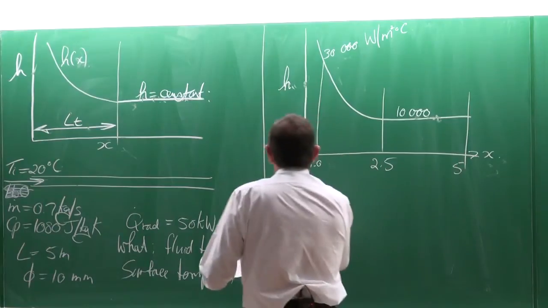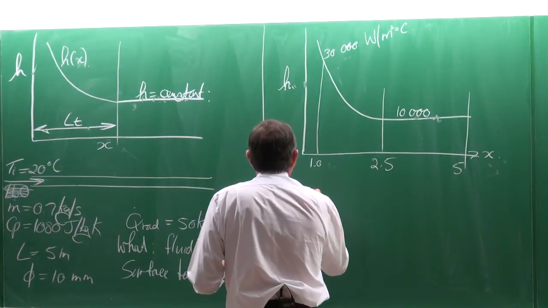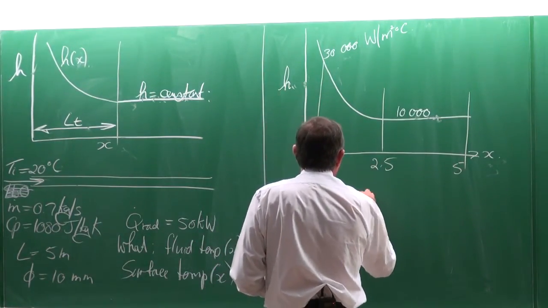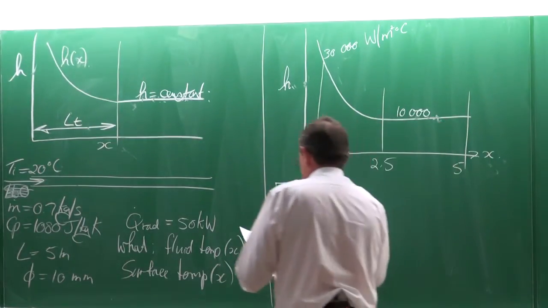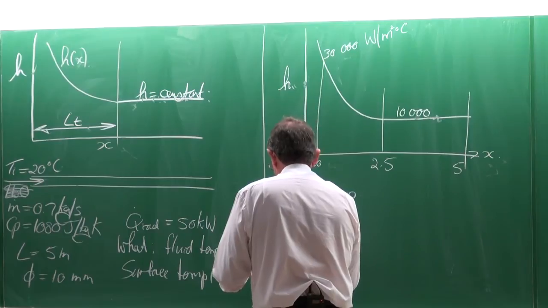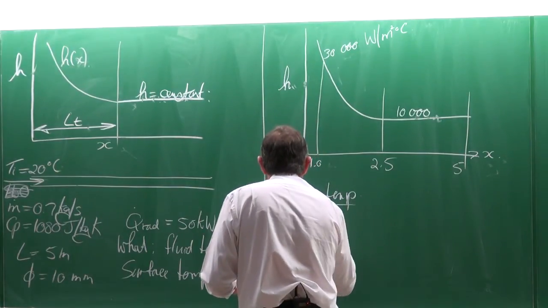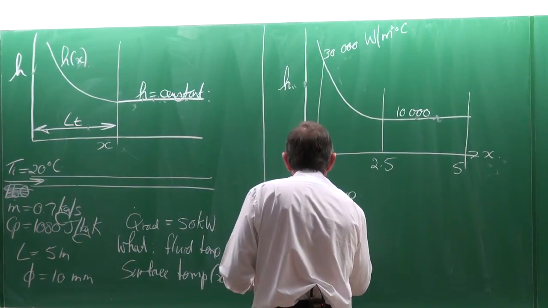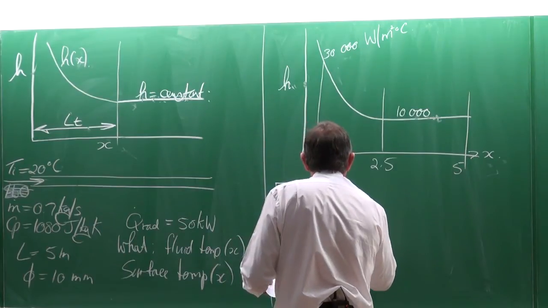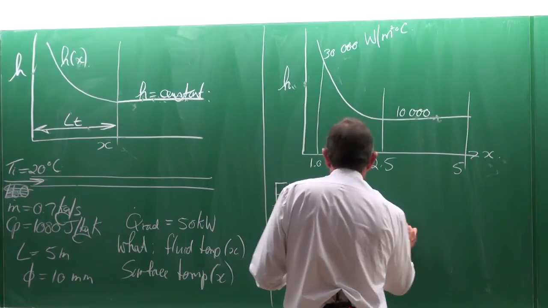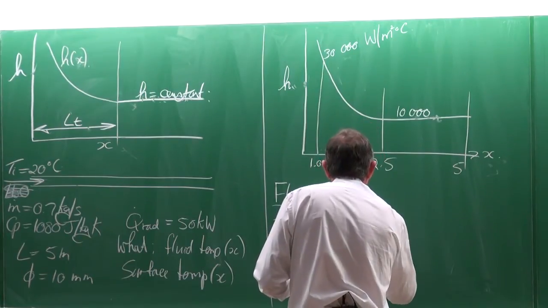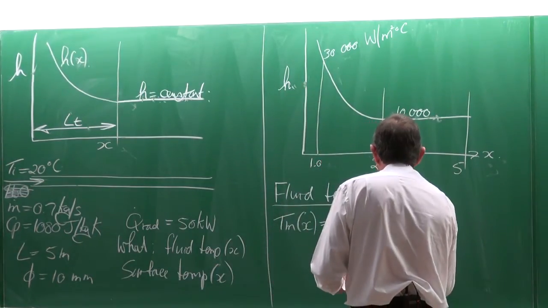Okay. So let's start with the fluid temperature. That's the easy one. So with the fluid temperature, we have now derived that the general equation for the fluid temperature as a function of x is equal to the heat flux multiplied by P x divided by the mass flow rate and the Cp plus Ti.